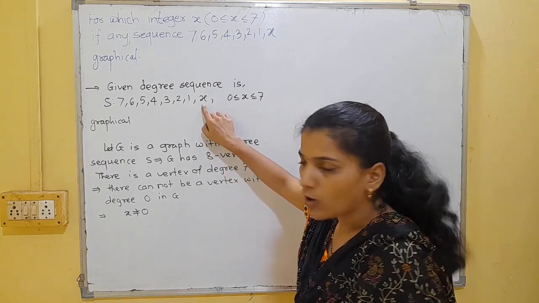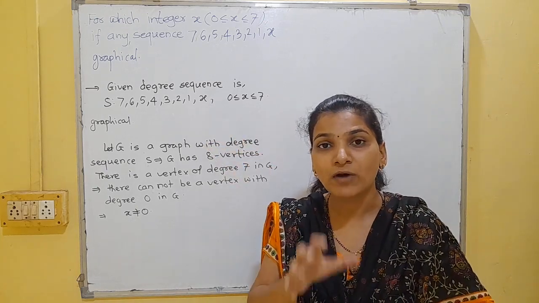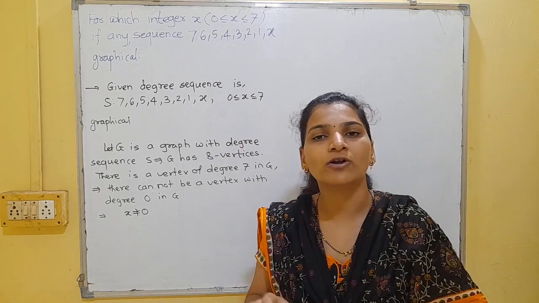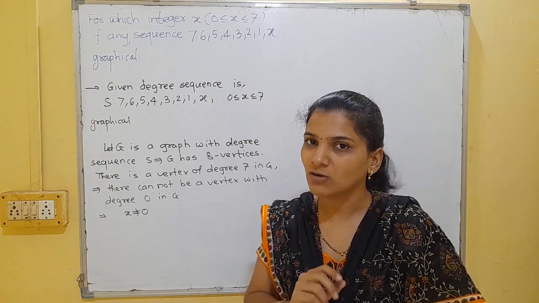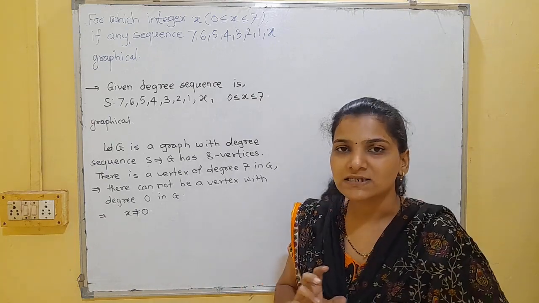So if x is odd, then G will contain 5 odd vertices. This will contradict the fact that G contains an even number of vertices with odd degree.